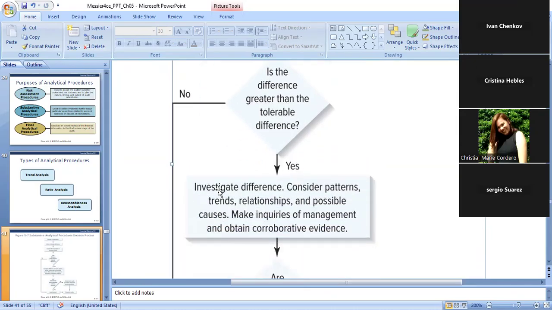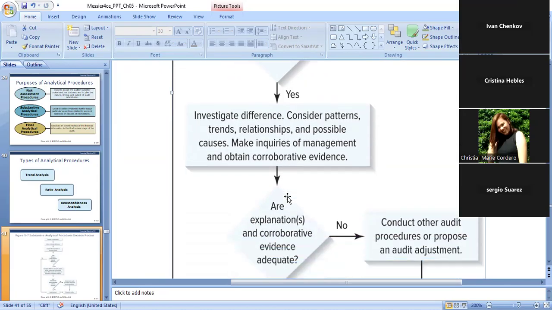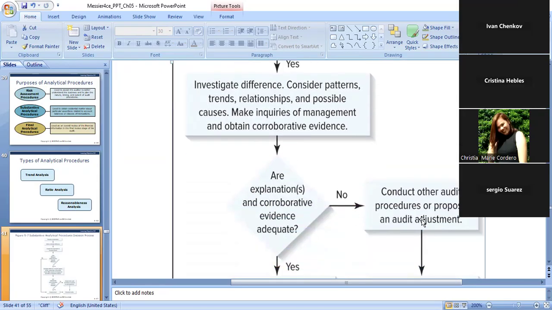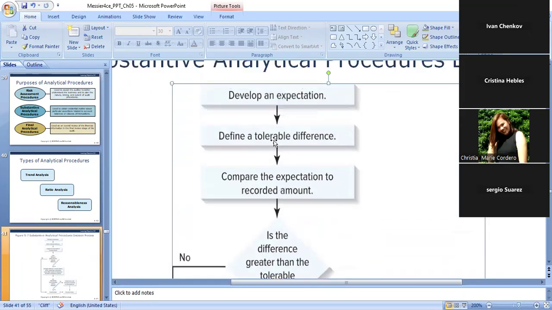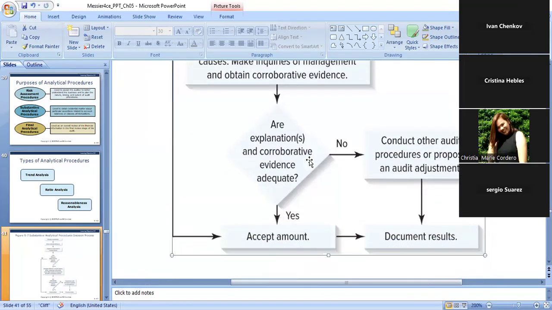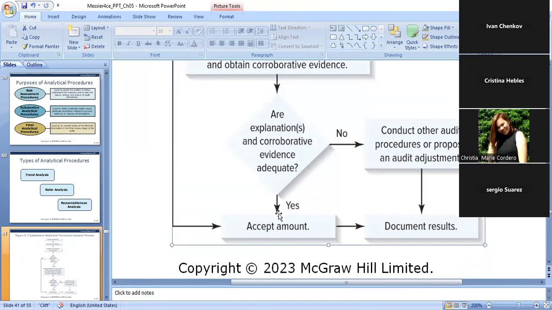If yes, then we have to start investigating differences. Is there any explanation? If there's none, we have to conduct other audit procedures so that our tolerable difference is not too much. And if everything passes, we go to document the results. Our objective is to document the results.